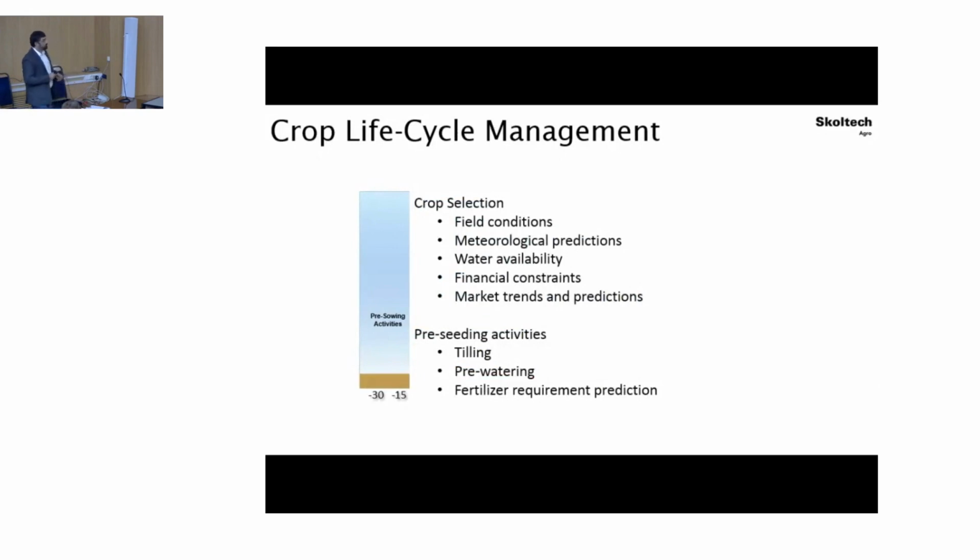How are the meteorological predictions for the season? How much water is available, or some of the other socioeconomic things like what are the market trends? Is everybody growing wheat? So the market price of wheat comes down, or only some of them are growing wheat, some are growing sunflower, right?